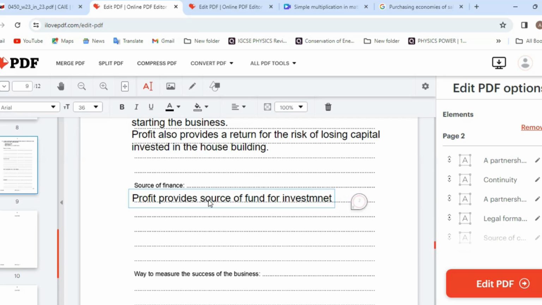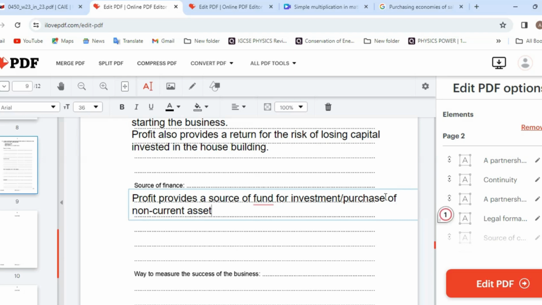It can also be used for the purchase of non-current assets to build the house.